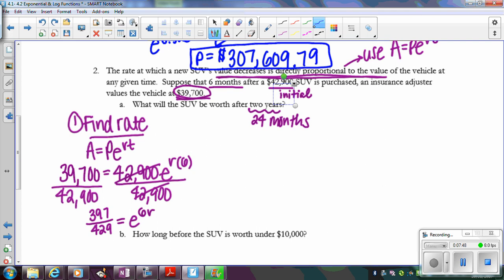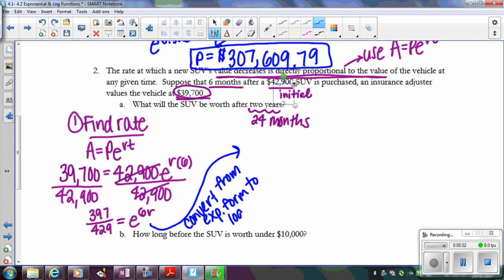So what I'm going to do is make a note here that I'm going to convert from exponential form to log form. So that means this is going to become log base e, because the base is e.